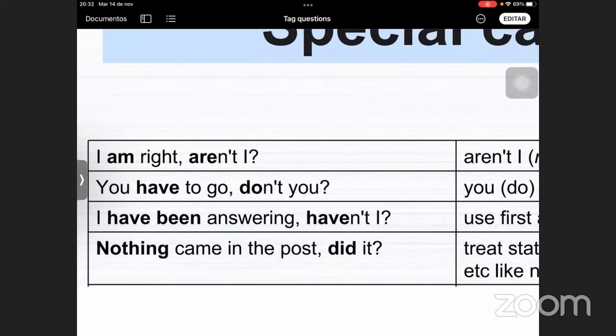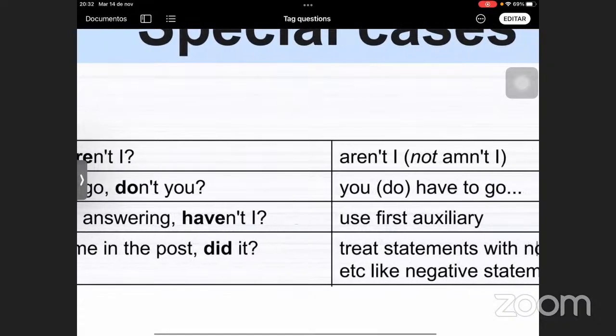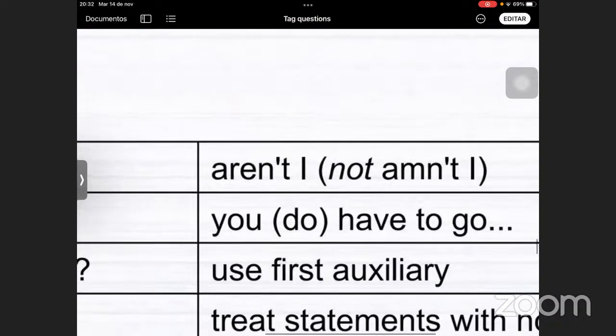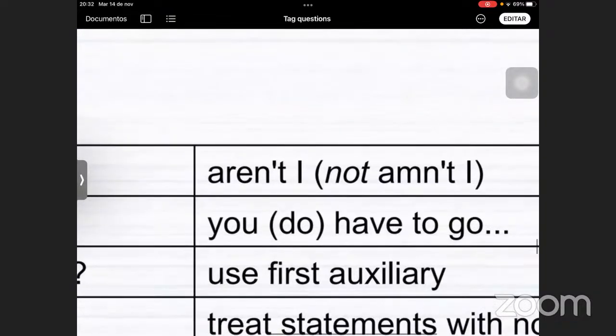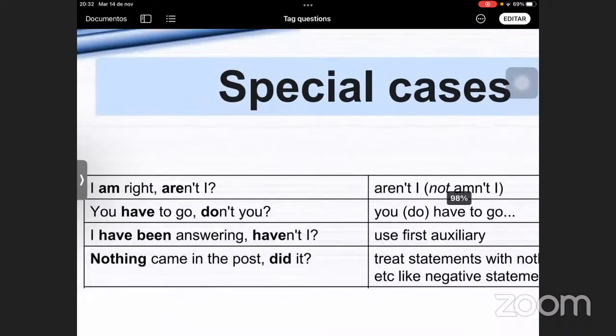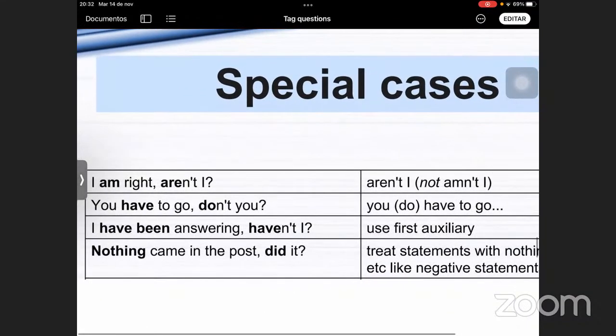Yes, only when using I am. This contraction doesn't exist, so instead, use aren't I. That's one of the special cases.